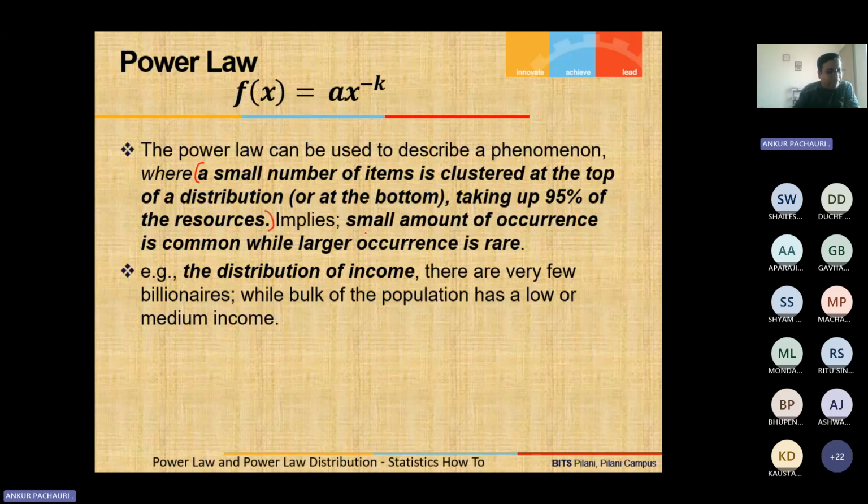The simple sentence is: a small amount of occurrences is common while large occurrences are rare. So what does this mean? That most of the time, what we do has no impact. There are only small things which have a higher impact on life. So that's also a power law.